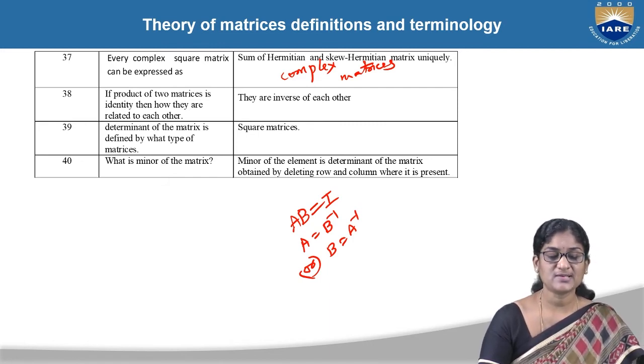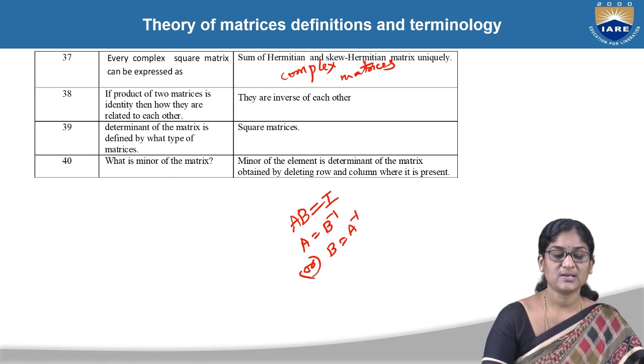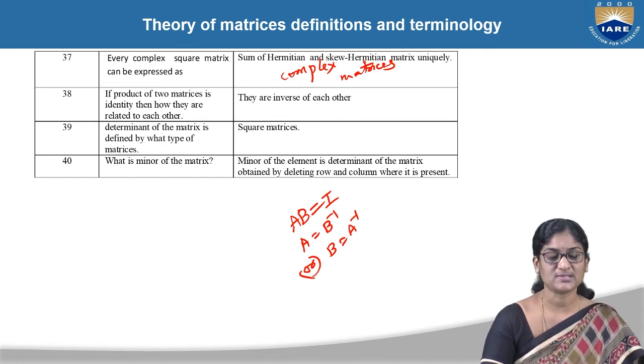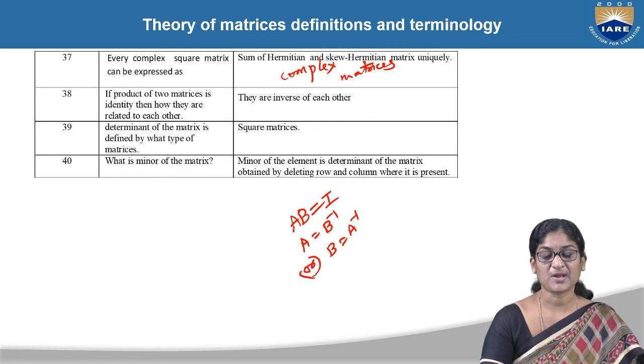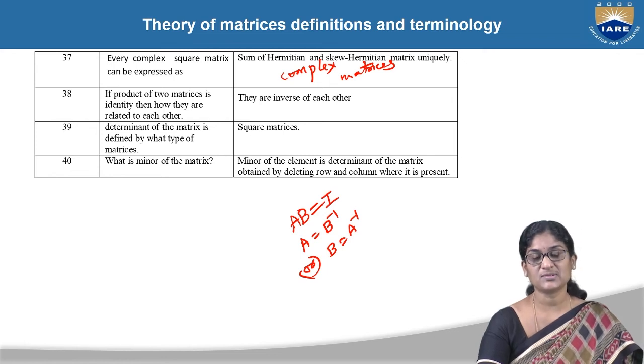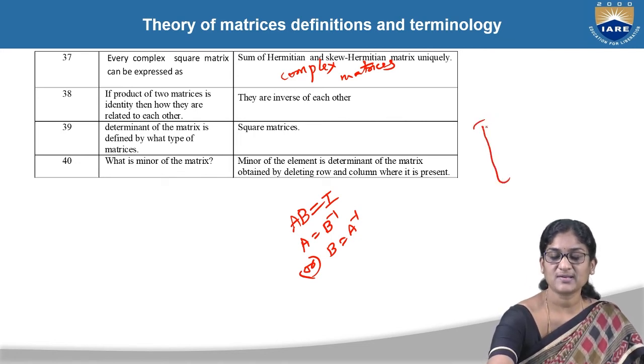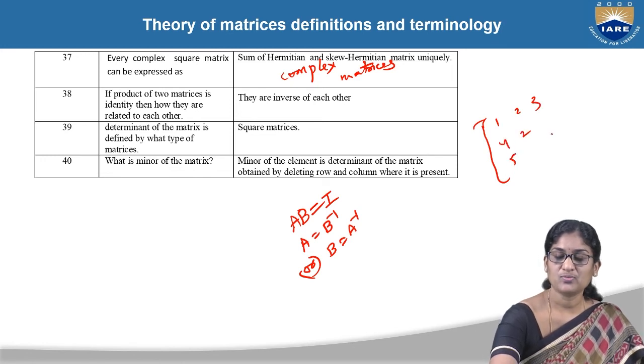The determinant of a matrix is defined for what type of matrices? Square matrices. The determinant of a matrix is defined only on square matrices. What is a minor of the matrix? The minor of an element is the determinant of the matrix obtained by deleting the row and column where it is present. Suppose I have a matrix 1, 2, 3, 4, 5 and 2, 4, 6, 2.